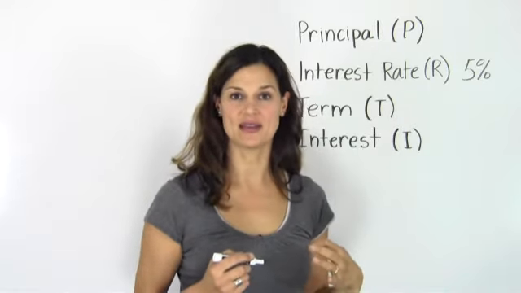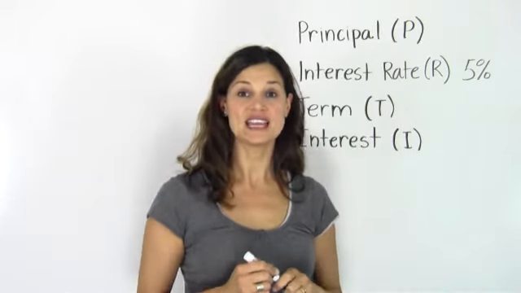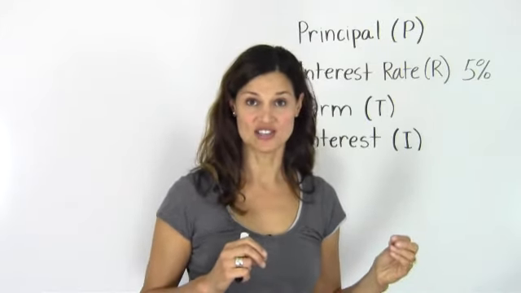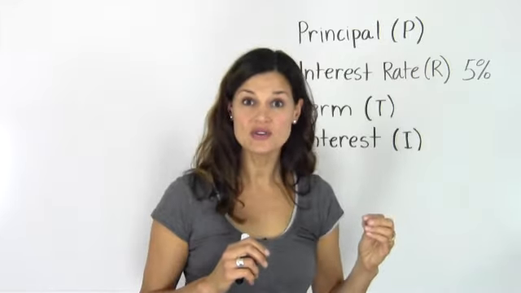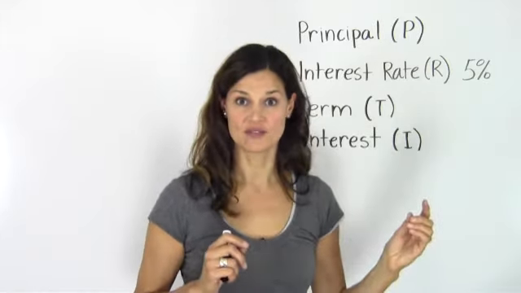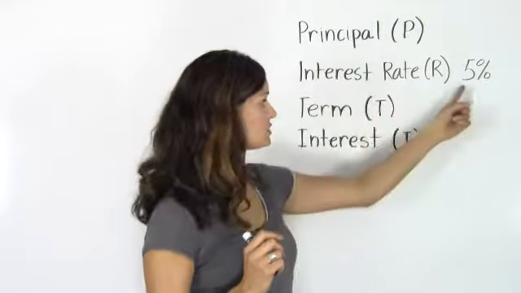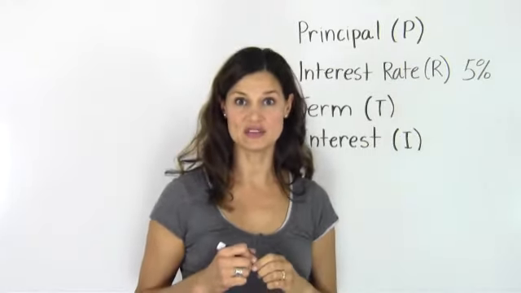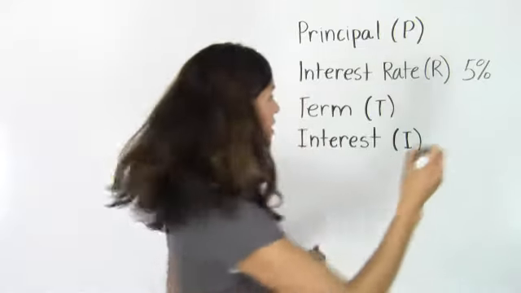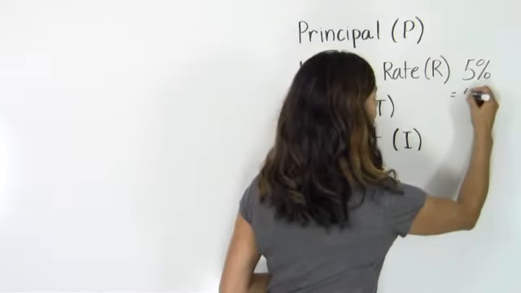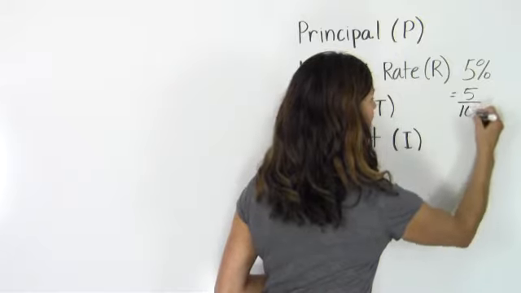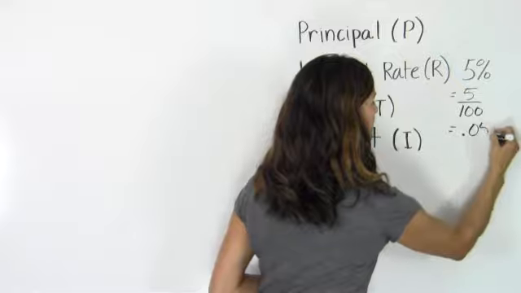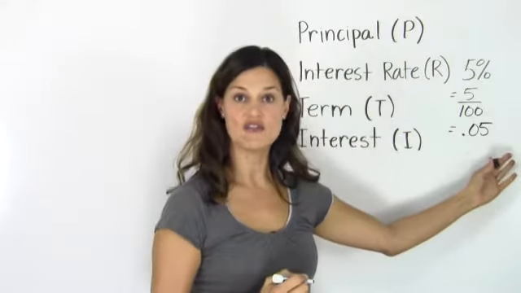They're all the same thing. A 5% interest rate means that you would pay $5 on a loan of $100 in a year. And although the interest rate is given as a percent, we need to convert it to a decimal to use in our problems. So 5% is 5 per 100, which we would convert to a decimal of 0.05.